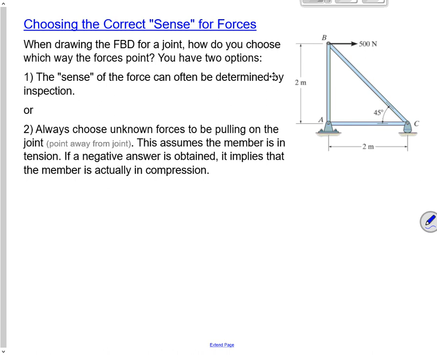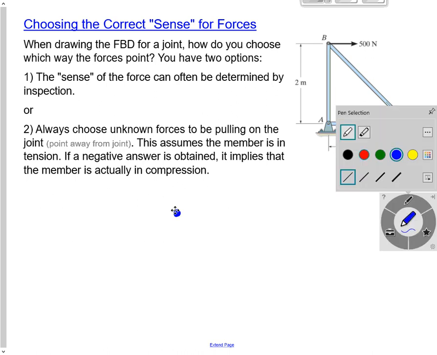To give you an example, let's consider this simple little truss over here on the right. And we look at joint B. Here's joint B. And there's an applied load pointing to the right. Now there's two other forces which are along the members.